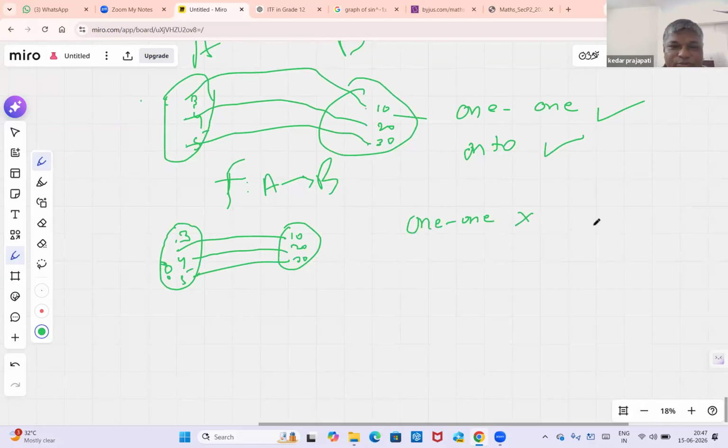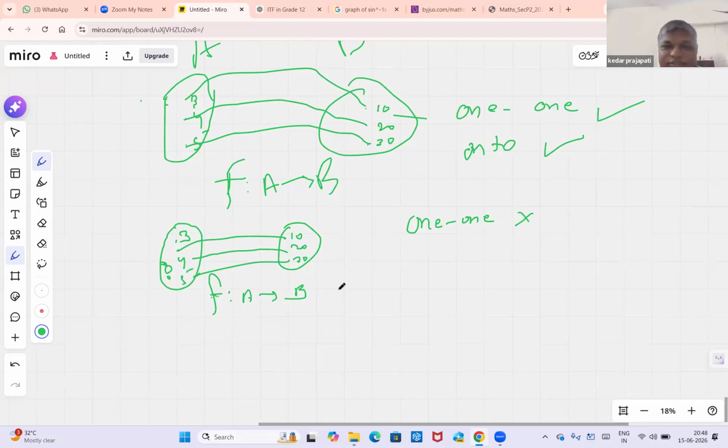If it is not 1, 1, then there is no point in going and searching for onto. So it means here the relation from A to B, the function f from A to B, it's not a function. F is not a function, so its inverse will also not be a function. Any doubt?